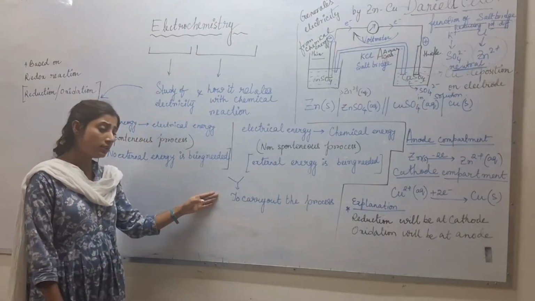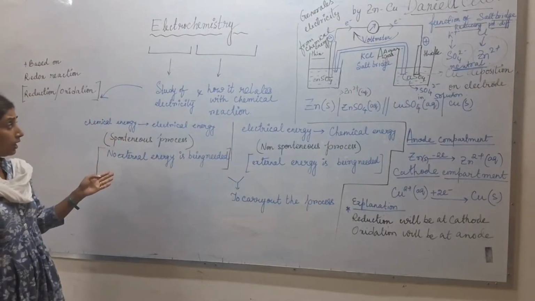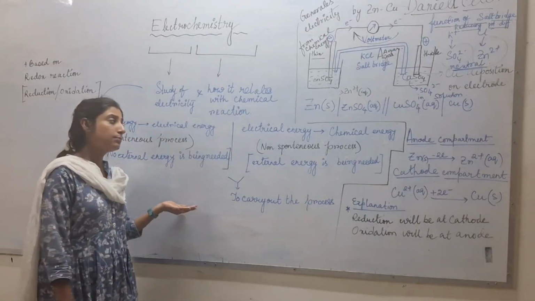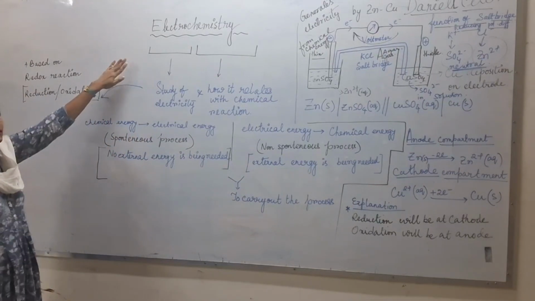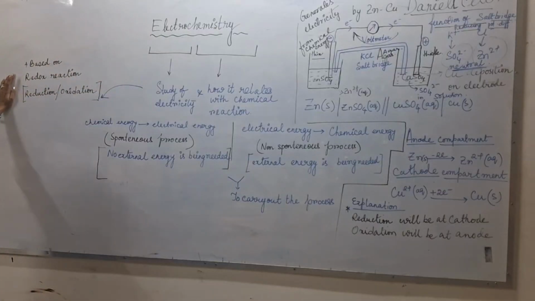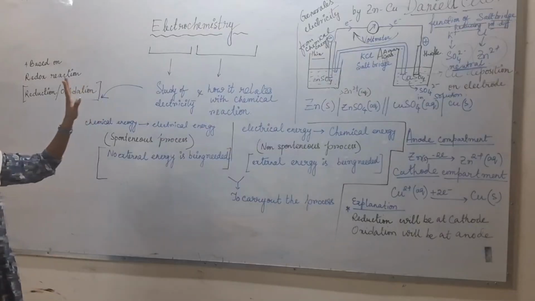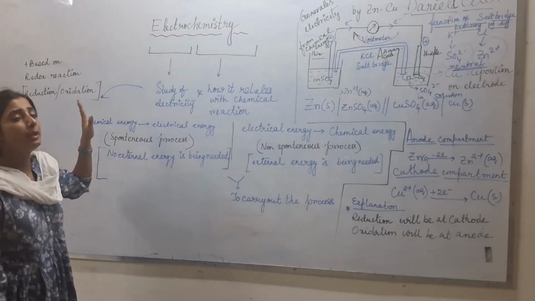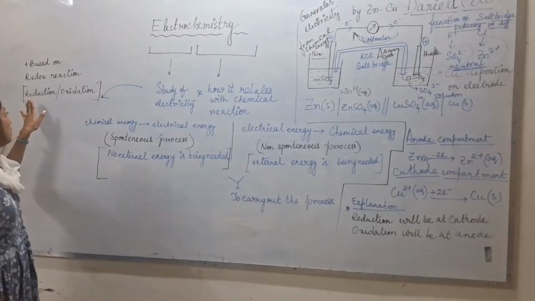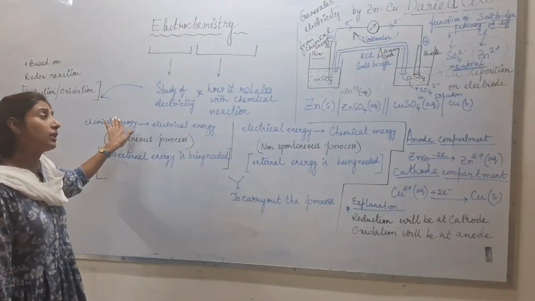So that much we have understood from the data I have given you on this board. The electrochemistry chapter is based on the concept of redox reactions, where the reaction proceeds through reduction and oxidation simultaneously.